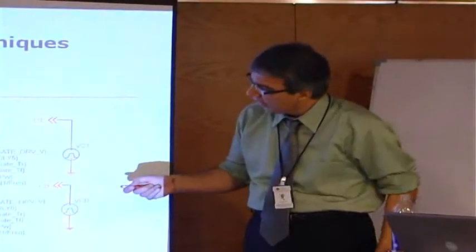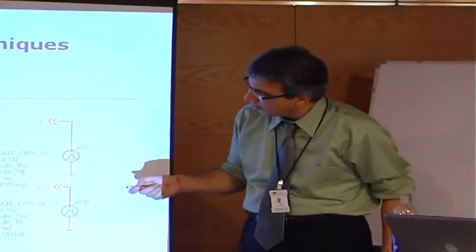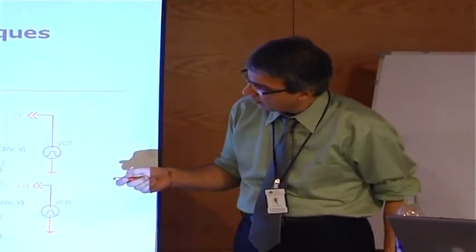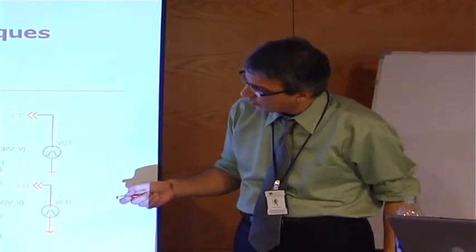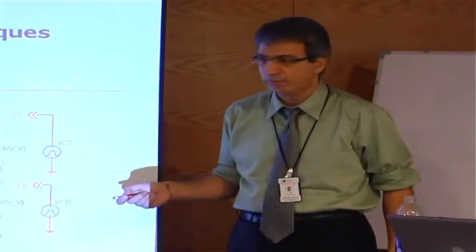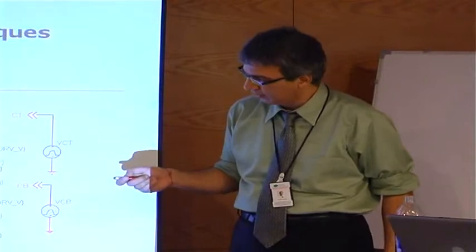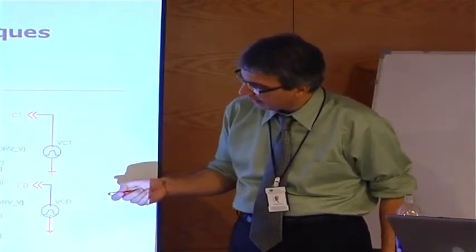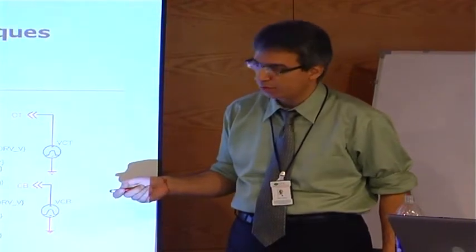So you have A top, V top. You will see that delay 1 and delay 2 are 180 degrees out of sync. I'll show you the actual waveform in a minute. The gate drive voltage we have set at 5 volts.